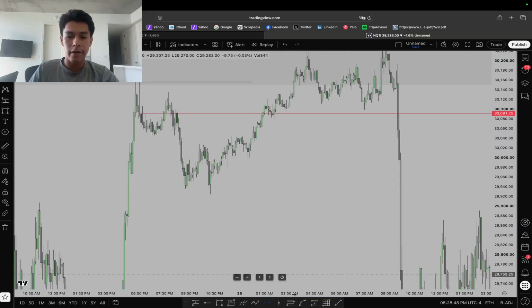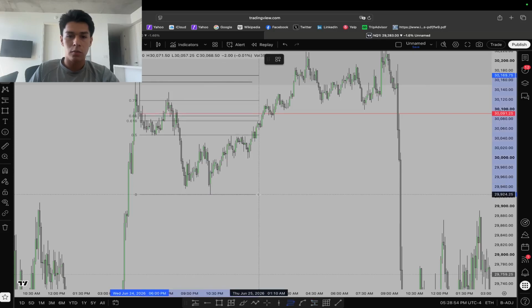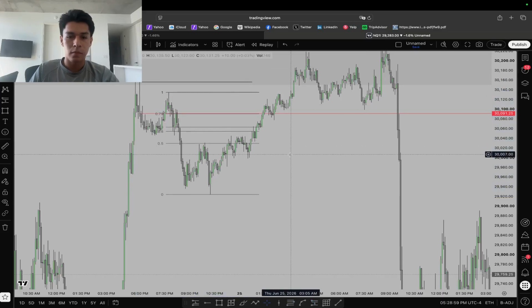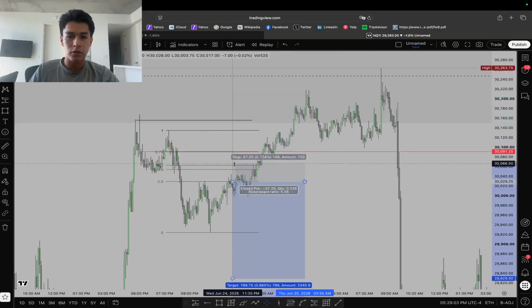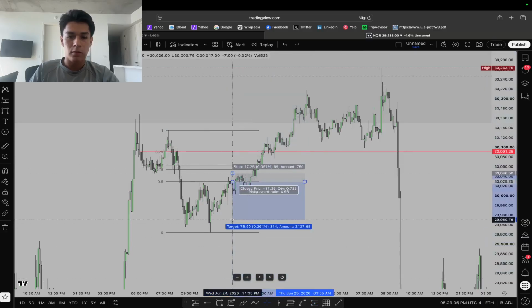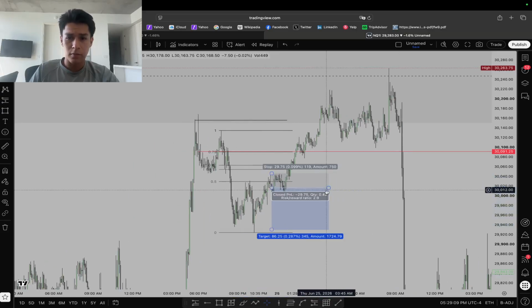And then I did try again another short out of OTE of this leg, where it was 0.5. Might have been this leg. Yeah, it was this leg. Shorted here again, and it was pretty tight, but I was going for something like this, and it didn't end up running.